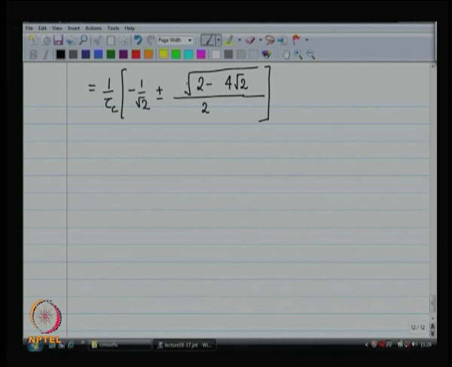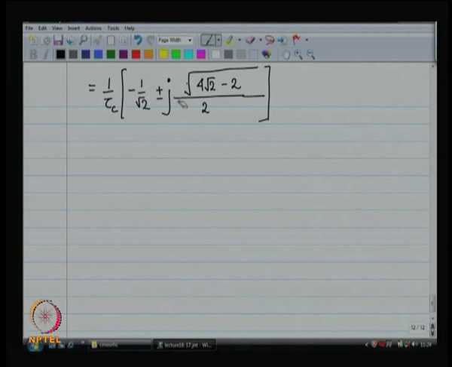Now, 2 is definitely less than 4 times root 2, which means that the quantity under the square root is negative, which means that the locations of the 2 poles are imaginary. So, let me take out j over here, and instead of doing 2 minus 4 root 2, I am going to do 4 root 2 minus 2 and divide the whole thing by 2.